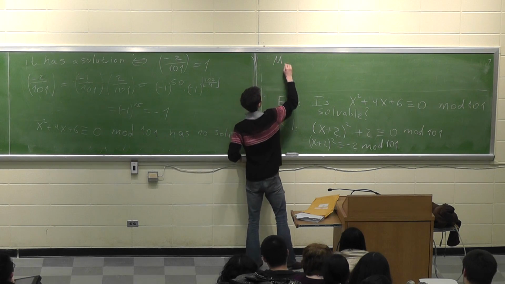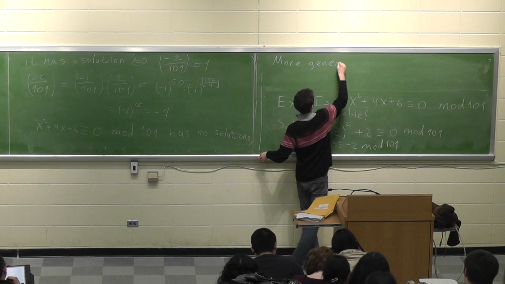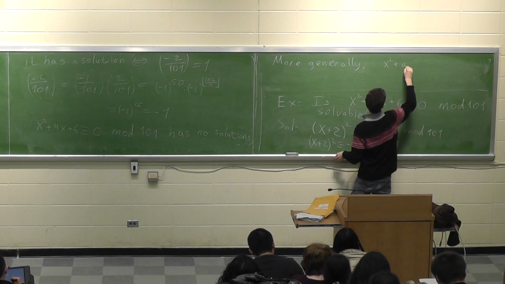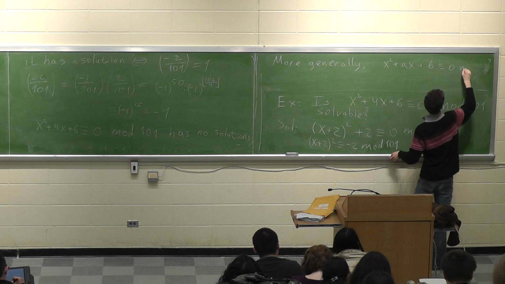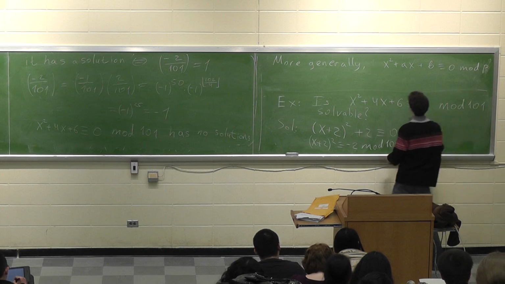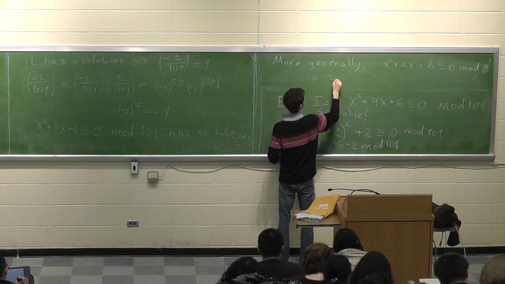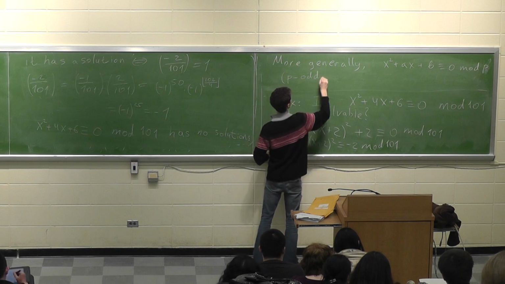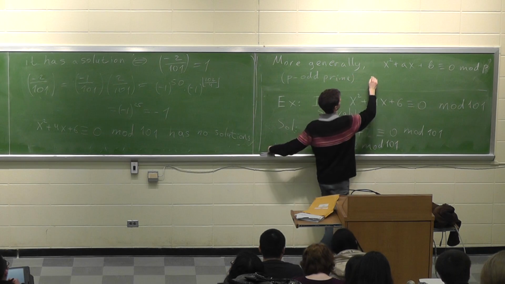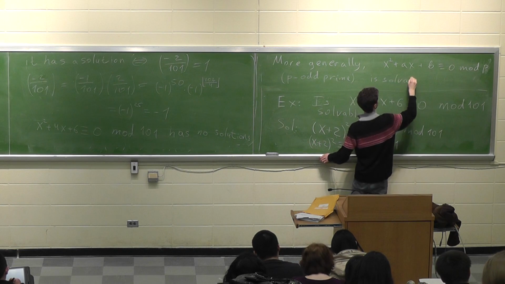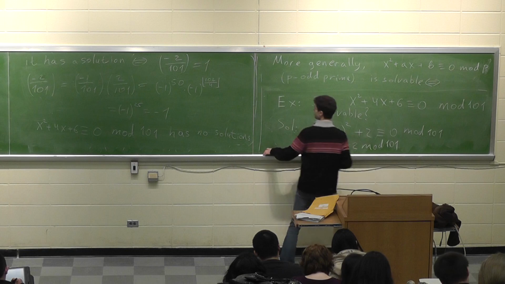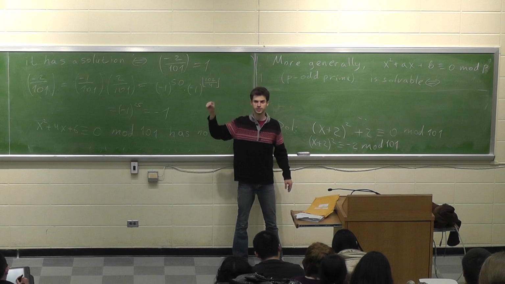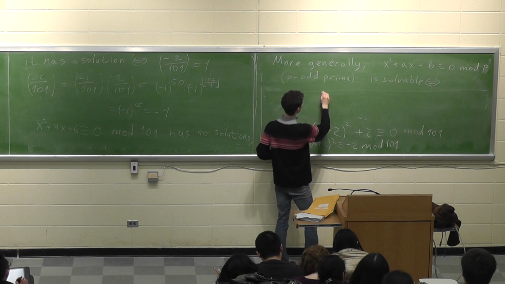So, more generally, x squared plus ax plus b is equal to 0 modulo a prime p is solvable if and only if the discriminant of this equation, the thing of which you should take the square root, is a square.